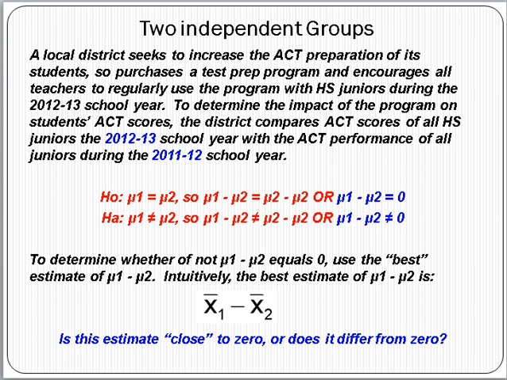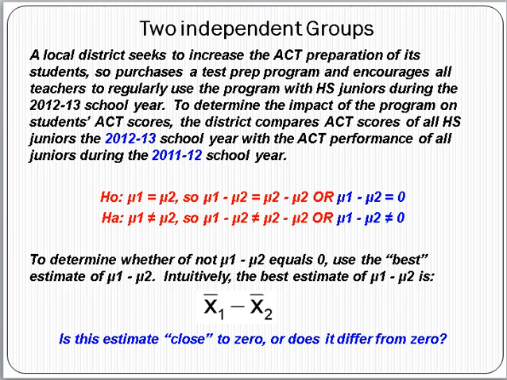Okay, so we've got a question about the difference in population means, whether that difference in population means, mu1 minus mu2, equals 0 or not. So what we want to do is use the best estimate of mu1 minus mu2, and that would be the difference in sample means, x1 bar minus x2 bar.